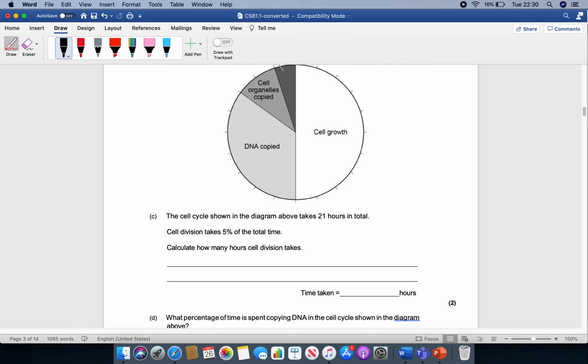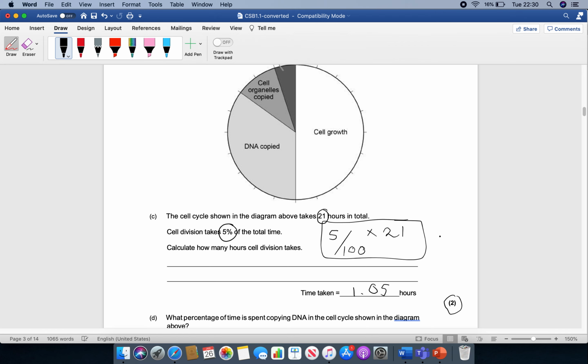If it takes 5% of the whole time, you would do 5 divided by 100, and there's 21 hours in total, so you would times that by 21. You would get as an answer 1.05 hours. Showing that as your working out and getting the correct answer will give you 2 marks.